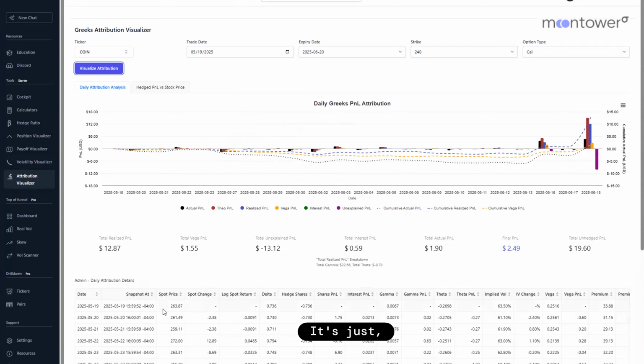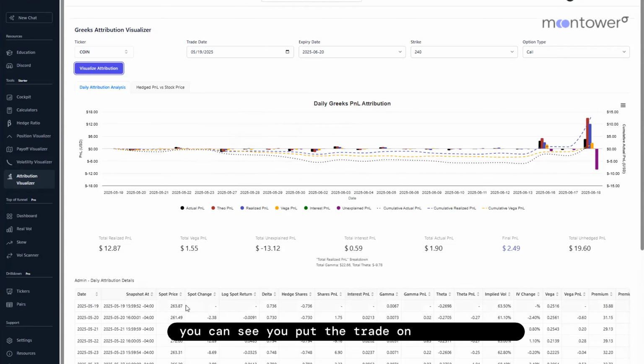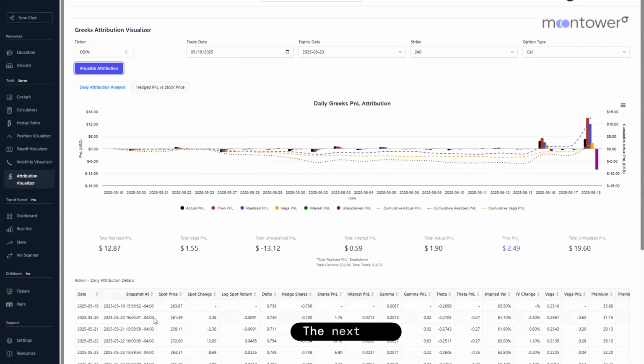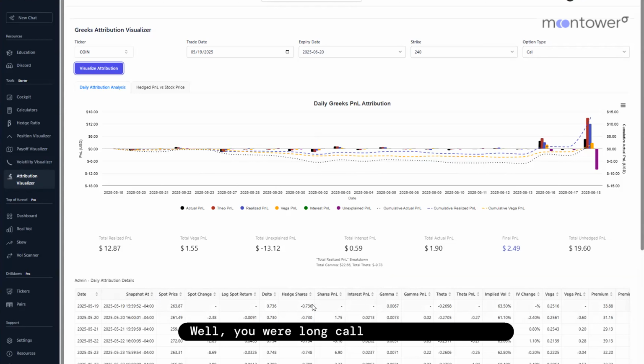You can see you put the trade on when Coin was just about $264. You bought the 240 call, and you would have sold 0.74 shares. It's a 74 delta roughly at that time. So you buy one call, you sell 0.74 shares, and you're delta neutral. What happens the next day? The stock drops by $2.38. You were long call and short shares, so your call premium fell.